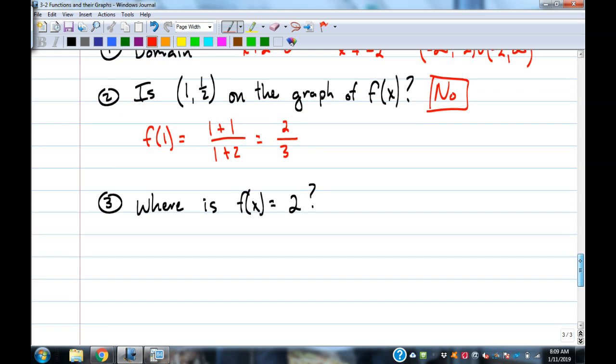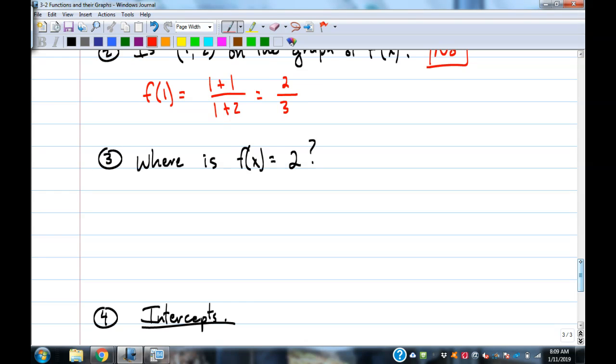So part 3, a little bit more difficult. Where is f of x equal to 2? What do you do? This is similar to number 2, but not exactly the same. How can you find where it's equal to 2?